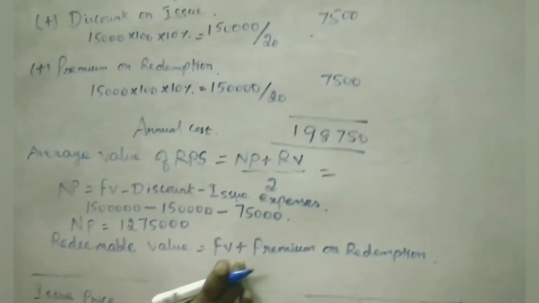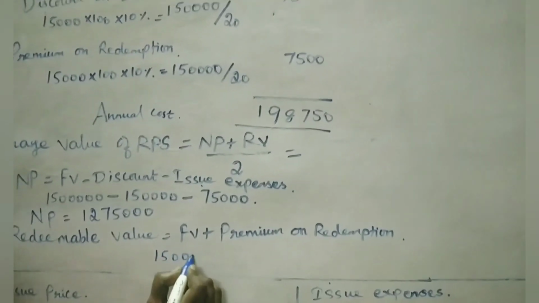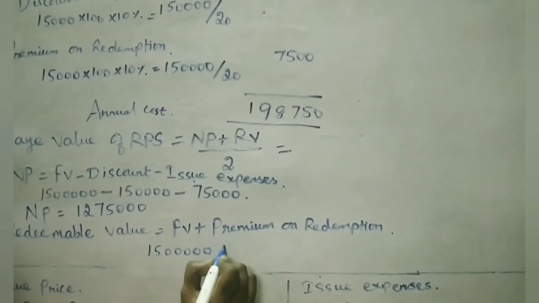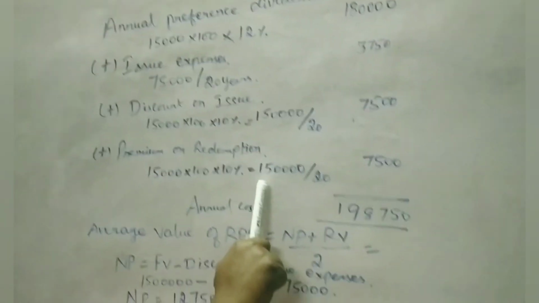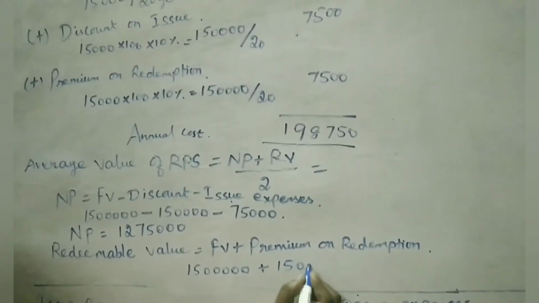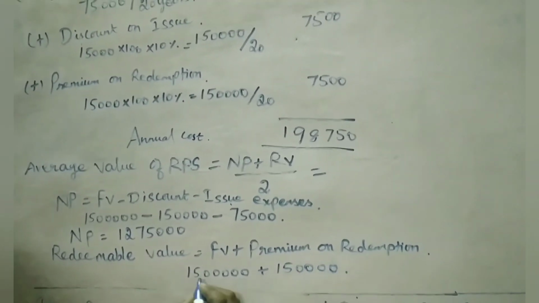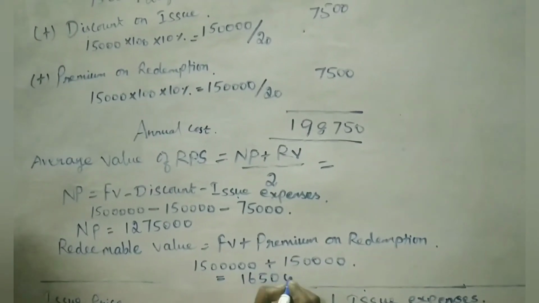Face value of shares is 15,000 into 100, 15 lakhs. Premium on redemption is 1,50,000. Redeemable value is 16,50,000.